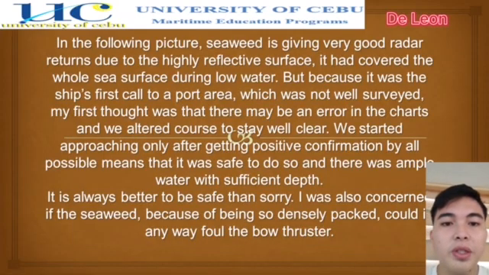In the following picture, seaweed is giving very good radar returns due to its highly reflective surface. It had covered the wall and the surface during the low water, but because it was the ship's first call at the port, the area had not been surveyed. My first thought was that there may be an error in the chart, and I altered course to stay well clear.